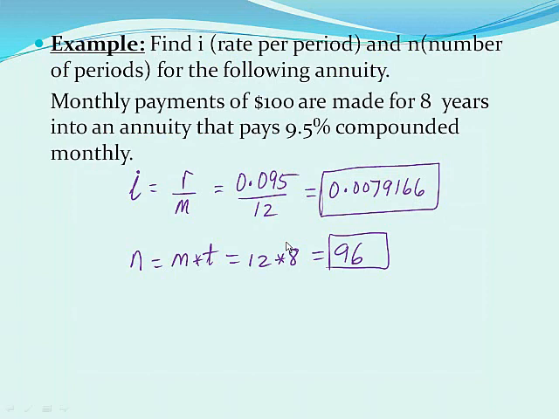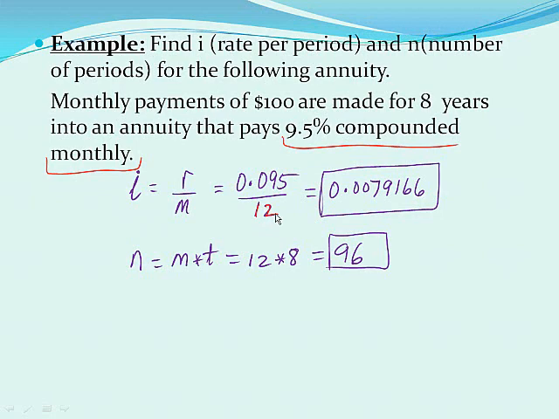Let's do an example. Find i and n for the following annuity. Monthly payments of $100 are made for 8 years into an annuity that pays 9.5% compounded monthly. Notice that the interest rate is given as 9.5% compounded monthly. i is the interest rate per period, so we need to divide the annual rate by 12 because there are 12 months in a year.